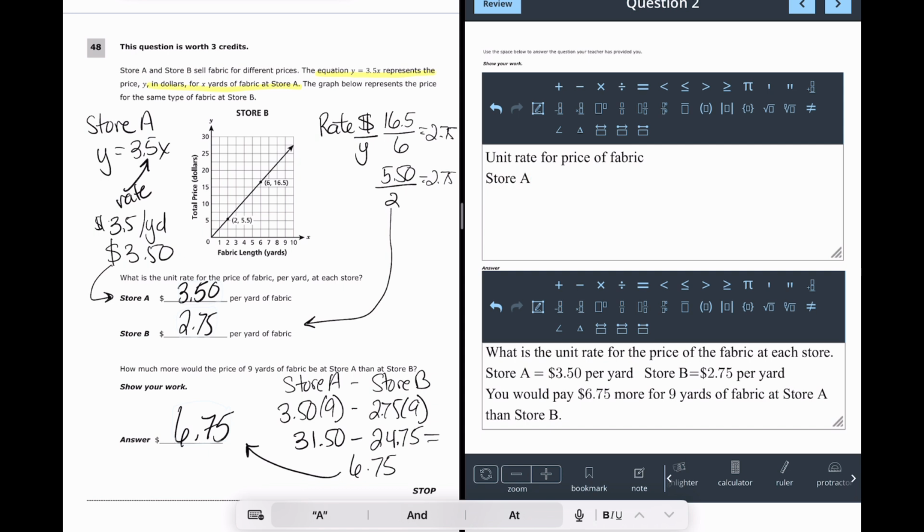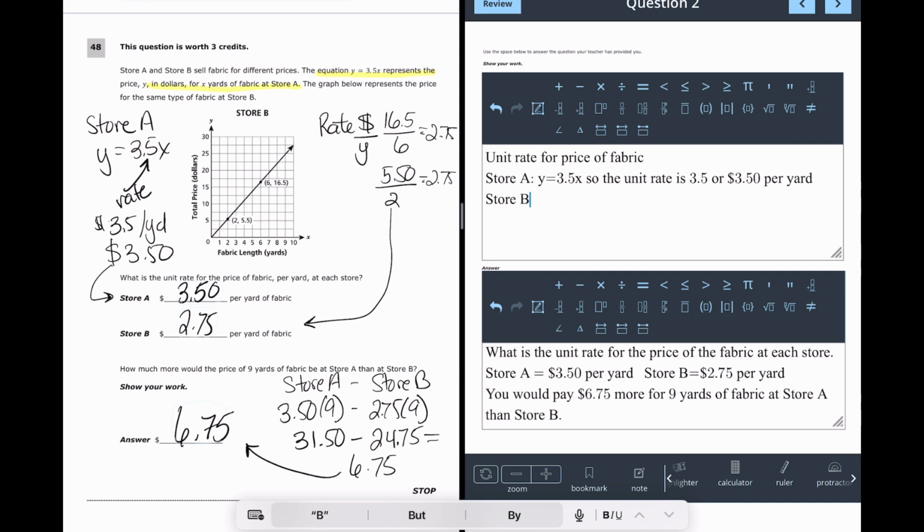Store A, y is equal to 3.5x. So the unit rate is 3.5 or $3.50 per yard. Done. That one was pretty easy. There really wasn't any math to do.